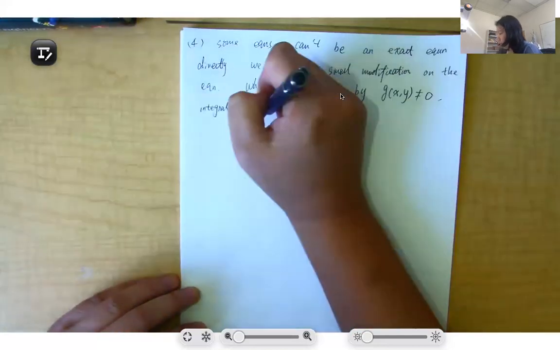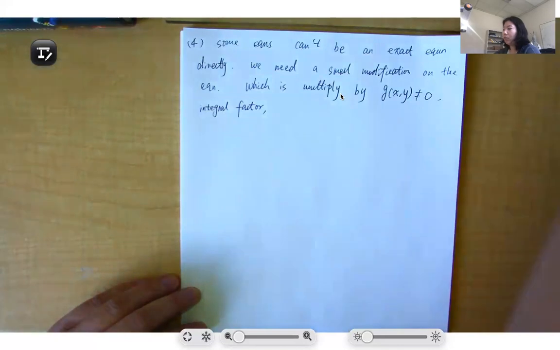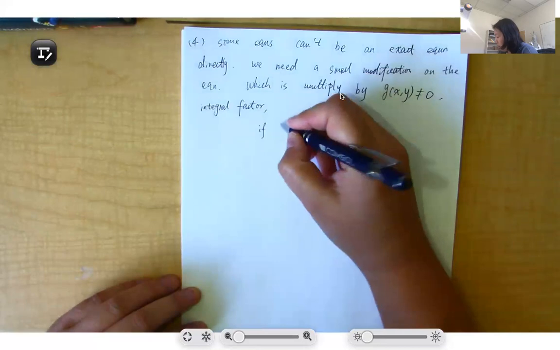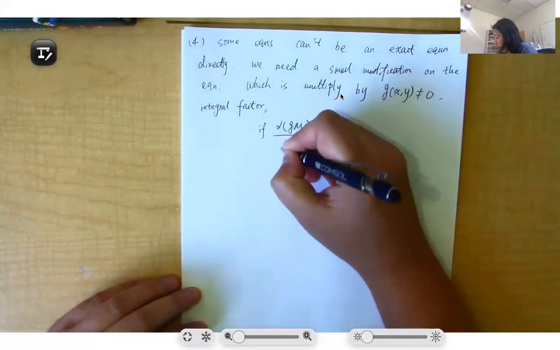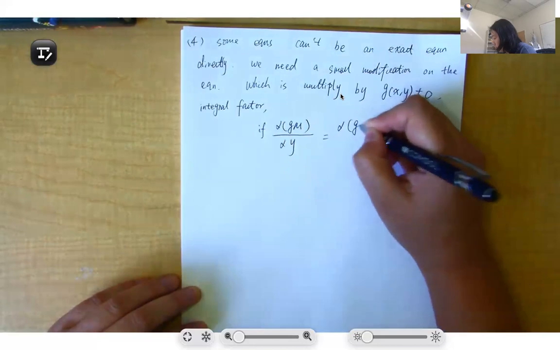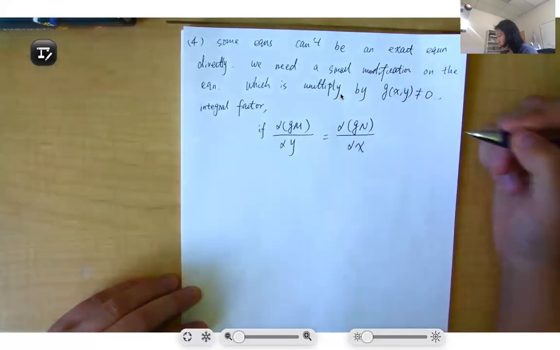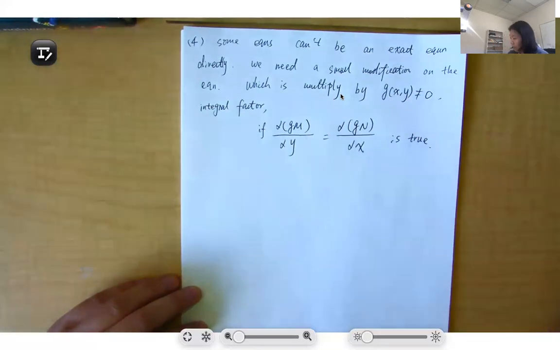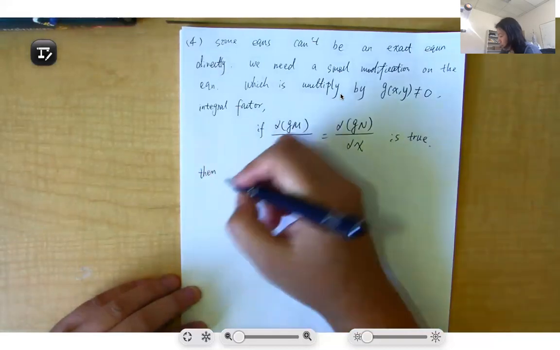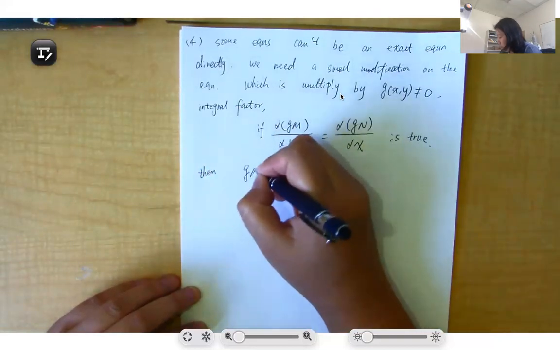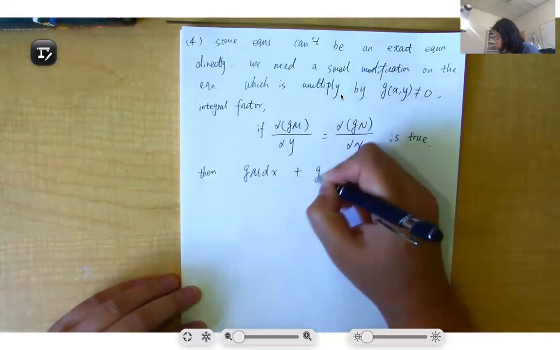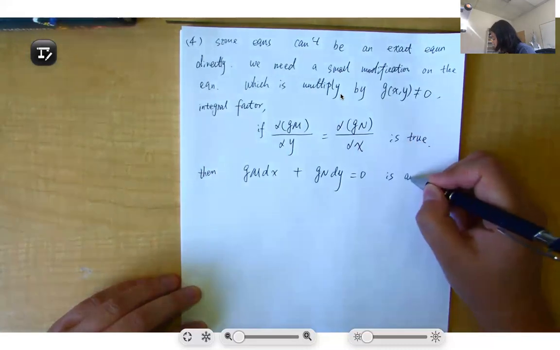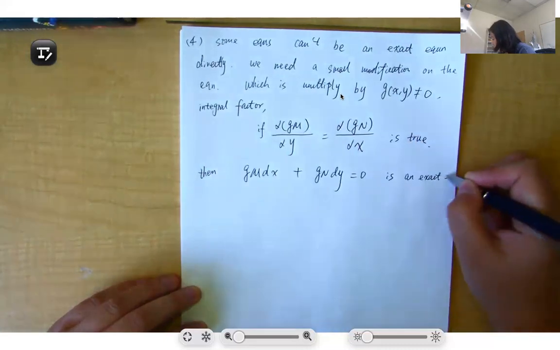Okay. And by using this integral factor, if ∂(gM)/∂y equals ∂(gN)/∂x is true, then we say gM dx plus gN dy equals 0 is an exact equation.